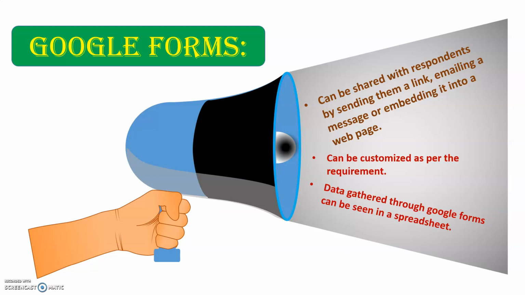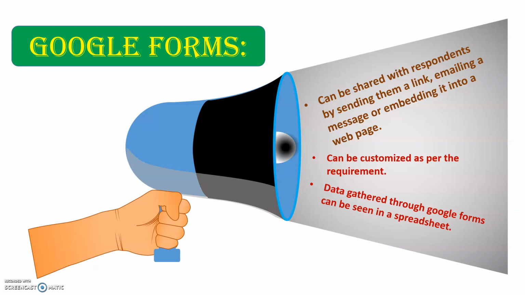The most beautiful part of a Google form is that you can customize it and change it as per your need. If you want to add 10 questions as per your choice, you can add those questions and it will be your own customized Google form.